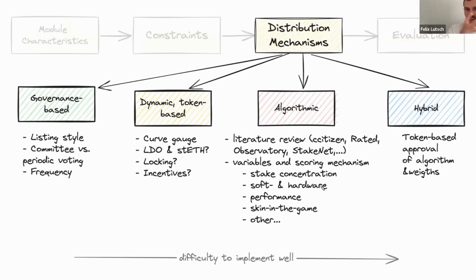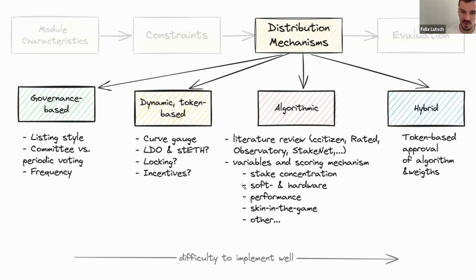The performance, like attestation rate, and skin in the game, such as bonds. So an algorithm might be developed to score which module performs best on these dimensions, and have that determine the distribution.